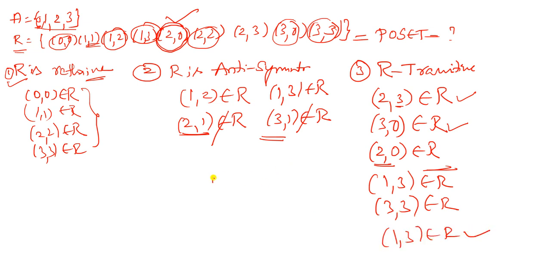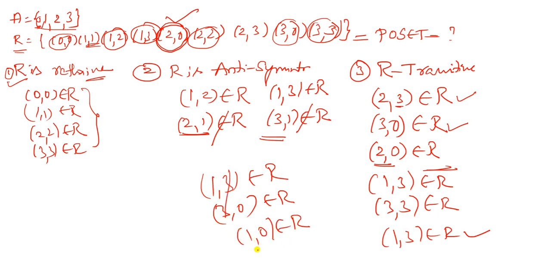You see here, 1 comma 3 belongs to R and 3 comma 0 belongs to R, so 1 comma 0 should belong to R. Is 1 comma 0 existing in the relation? No. So it is not transitive for this pair, but the remaining elements are existing in the transitive relation.